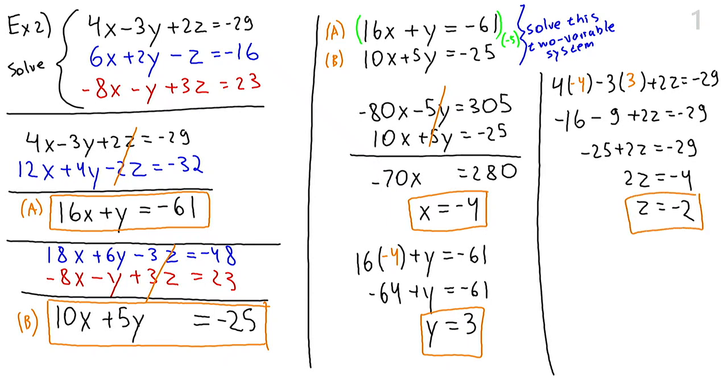So finally, I have all the elements of my 3-tuple. It's the solution to my problem: -4, 3, -2, and this is the final solution.